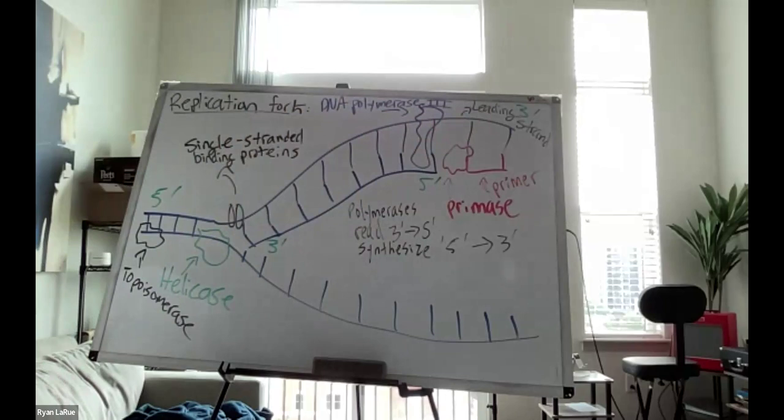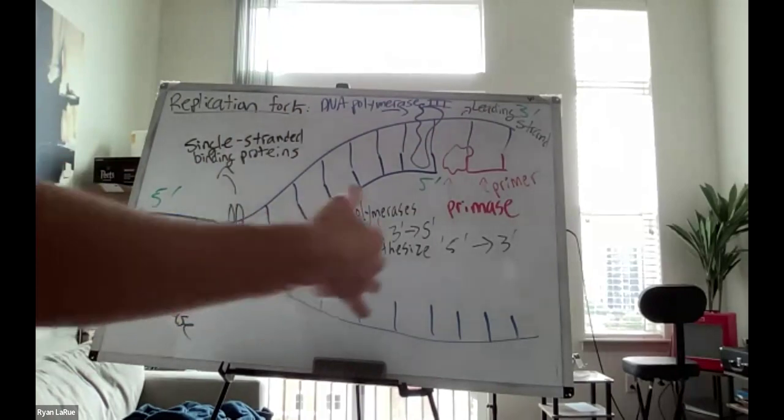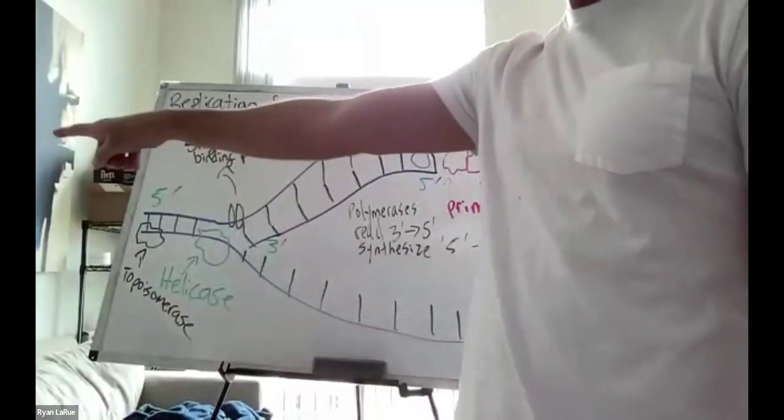All right. Maybe some of you deeper thinkers already know where I'm going with this. But this is the great conundrum and was a Nobel Prize winning discovery by Reiji Okazaki. And essentially, this strand's in trouble. We are moving this way.